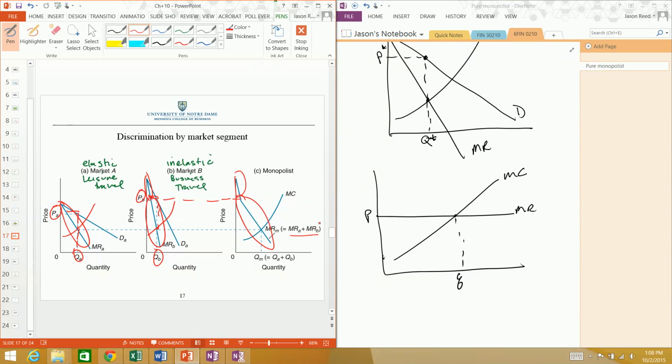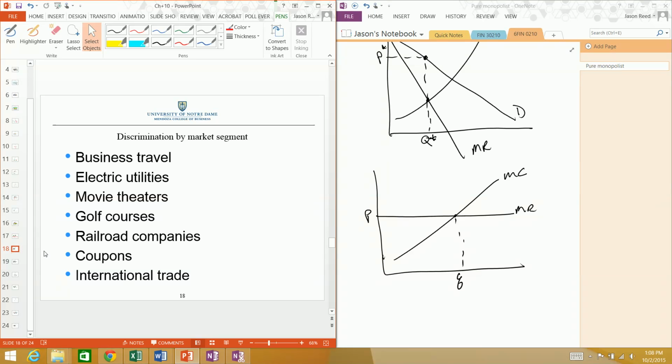We don't have a demand curve in here because we're not concerned with that necessarily. All we want to know is the total amount of quantity in this market, so we're just summing the quantities in the individual markets, and this should get us our total monopolistic quantity.